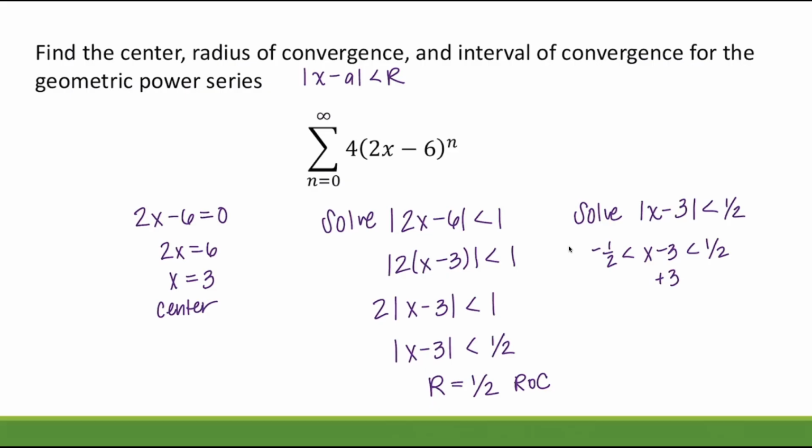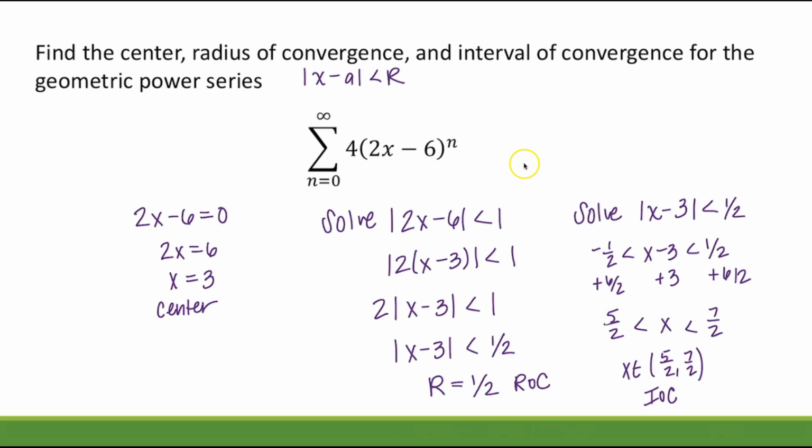Since I have fractions, I'm going to rewrite 3 as 6 over 2. So we're adding 6 over 2. So we end up with 5 over 2 is less than x is less than 7 over 2. So this is our answer in inequality notation. In interval notation, it's going to be all x values in the interval from 5/2 to 7/2 with open parentheses. And this is the interval of convergence, IOC.